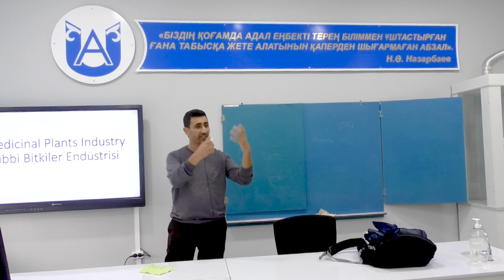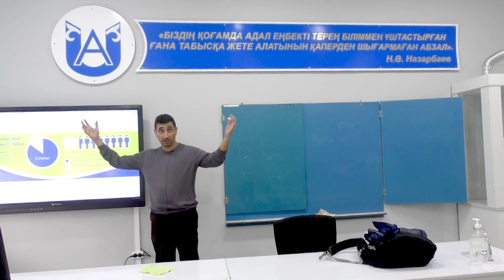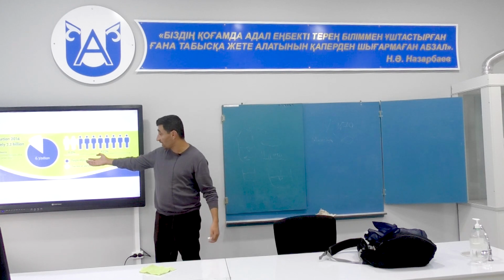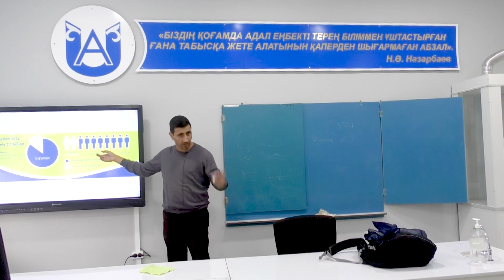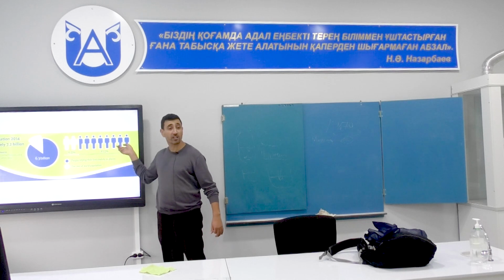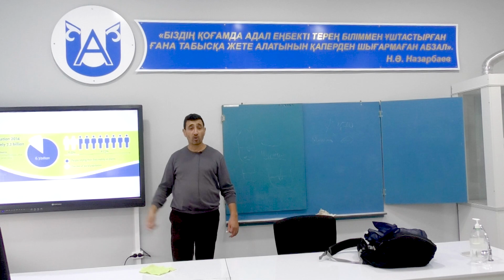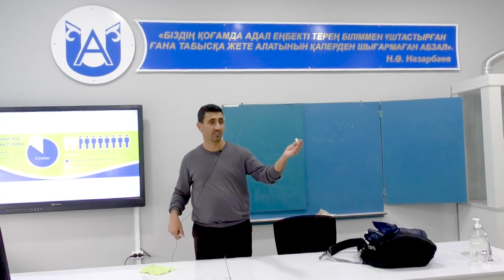Okay. Let's talk about the industry of medicinal plants. It's a big industry, big market. In the world, there is a lot of trade in medicinal plants. Why? Because until today, 87% of human beings still use plants in treatment. Because a lot of people on earth don't have access to a health system.